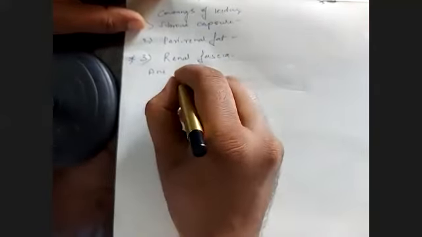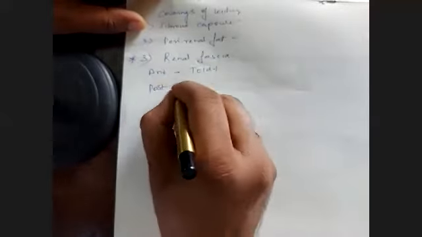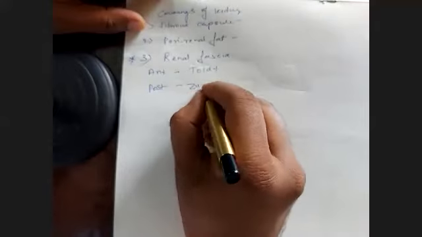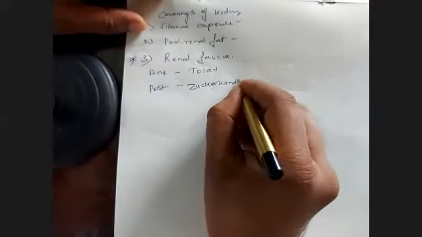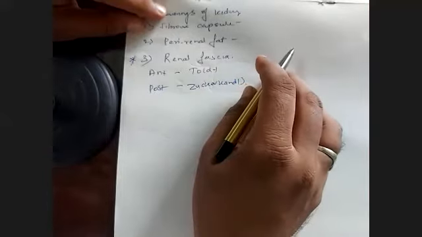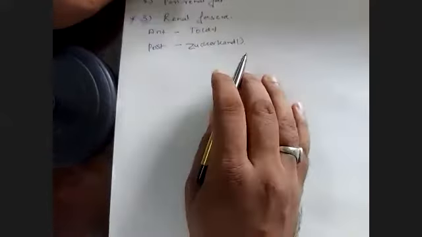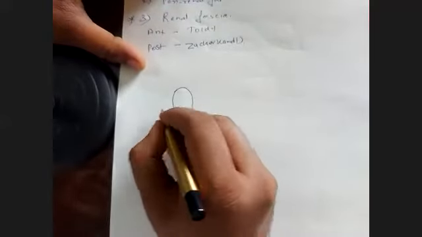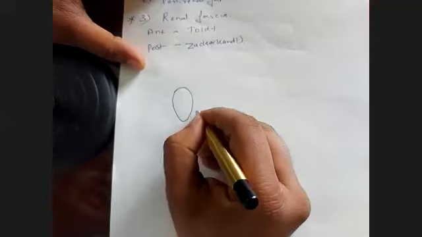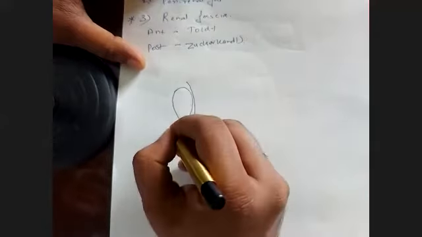The anterior layer is called the layer of Told, and the posterior layer is called the layer of Zuckerkandl. Now, see how these two layers cover the kidney. Suppose this is the kidney, this is the anterior layer, and this is the posterior layer.